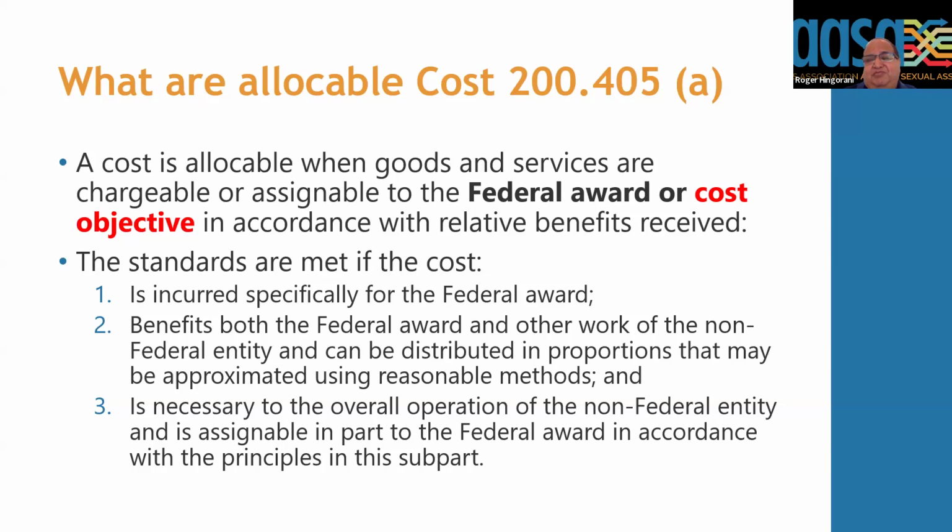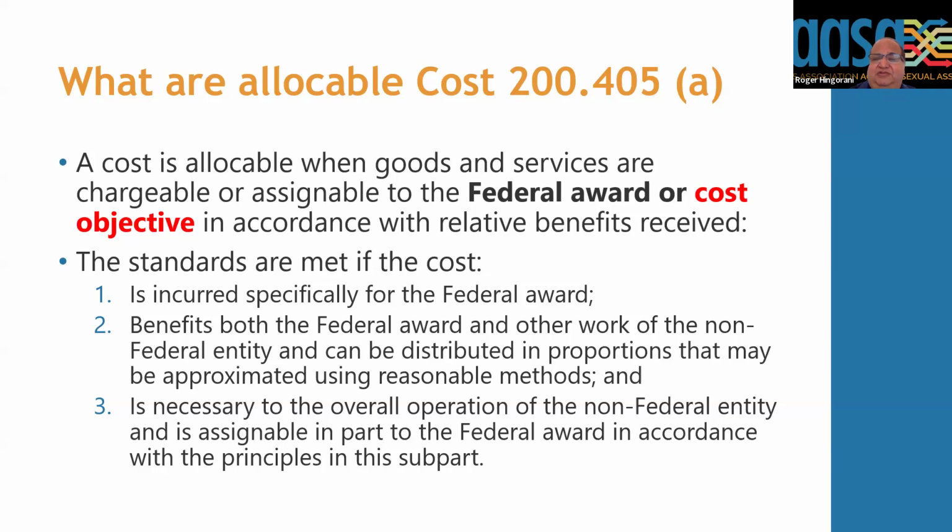That's what the whole importance is here for the cost allocation. The standards are met if the cost is incurred specifically for the federal award, which is pretty simple. If somebody is specifically taking care of some of the objectives of the award, then that's meeting the requirement.